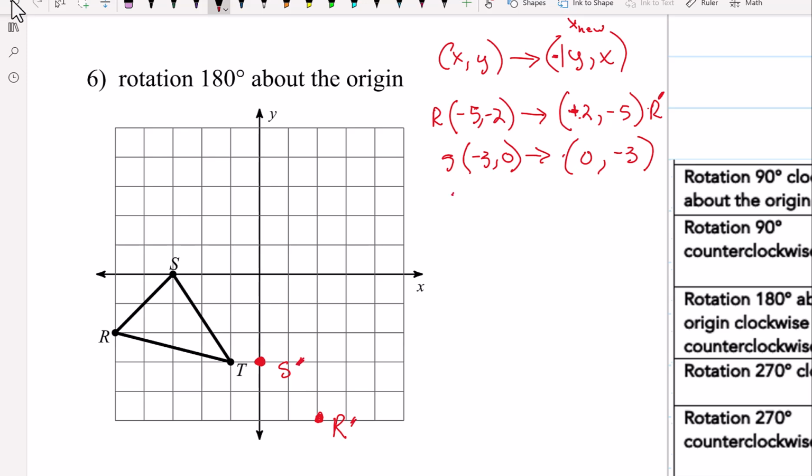And then finally the t. The t is -1, -3, swap to -3, -1. And then we're going to multiply by -1, so that becomes +3, -1. This is t prime.